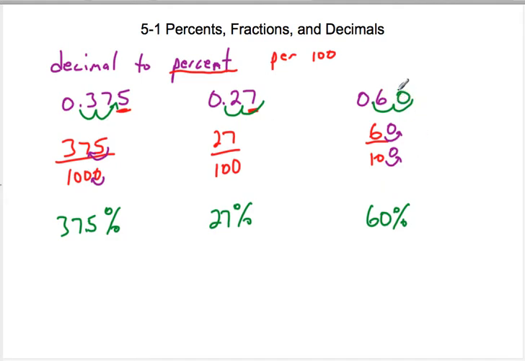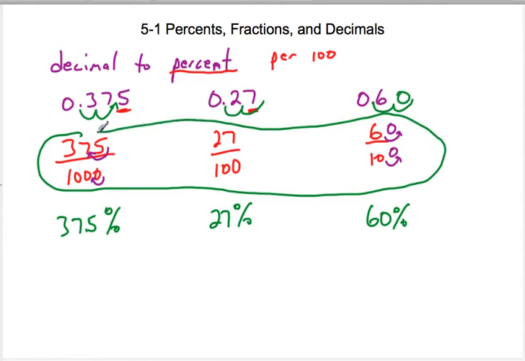One reason I went through the fractional method here is because sometimes students can forget which direction the decimal goes when they're changing from decimal to percent or percent to decimal. This is a real easy way to just prove to yourself that you're getting 100 on the bottom, and so you don't need to memorize the direction here. But if you're comfortable using the movement of the decimal method, then feel free to do that.